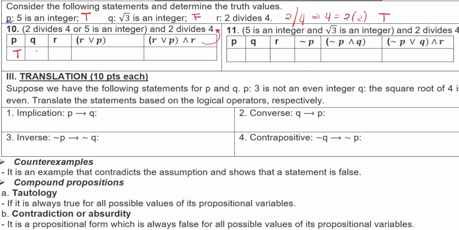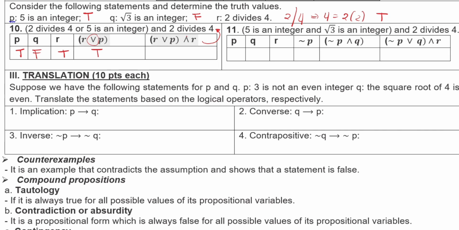So since this is true, this is false, and this is true, we're going to use the conjunction, the disjunction, that is or, which means only false if both are false. So the answer is true. The conjunction and, which means if both are true, then the answer is true. So here is true, the other is true, therefore here is true.